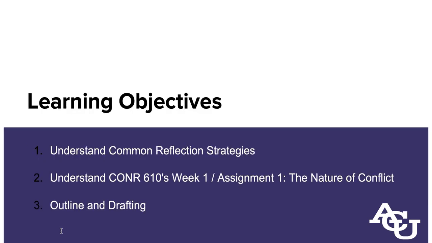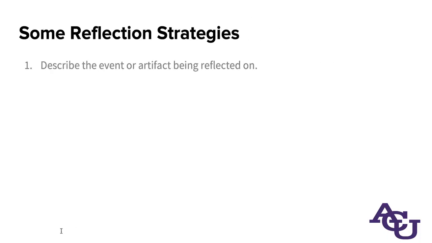We looked at the specific assignment that we're using as a basis for this discussion, the Assignment 1, Nature of Conflict in CONR 610. We talked about how to interpret those instructions and to use them as a basis for planning and outlining your paper, as well as how to cite and reference different resources related to that. And that is, I think, a wrap here.